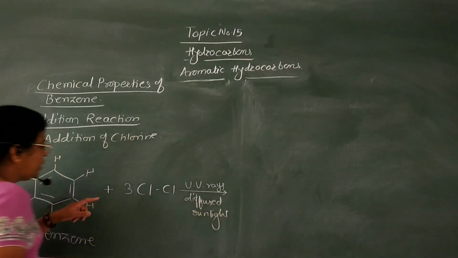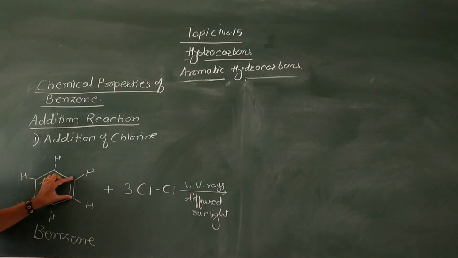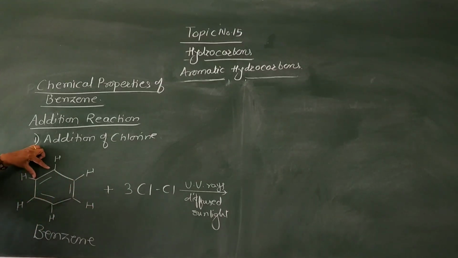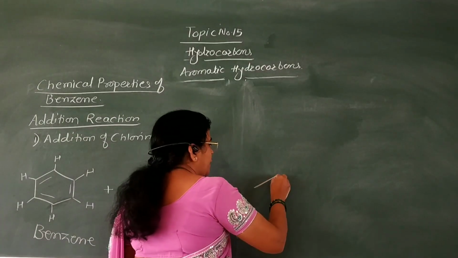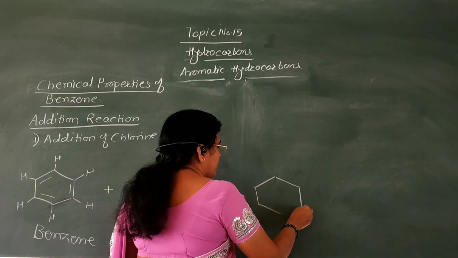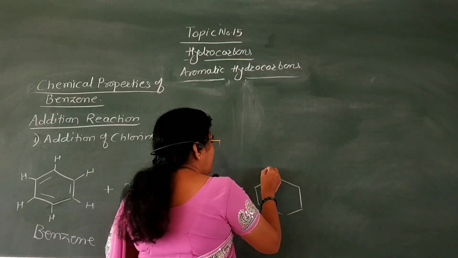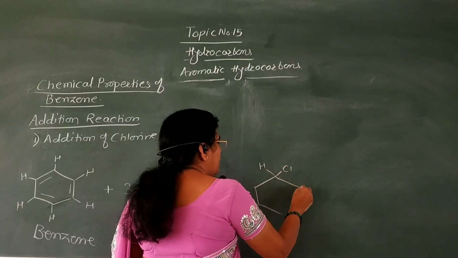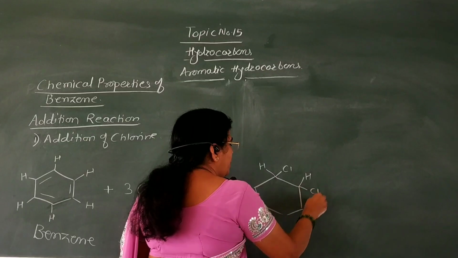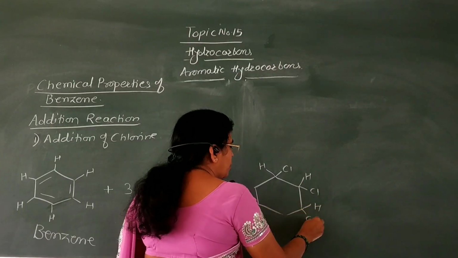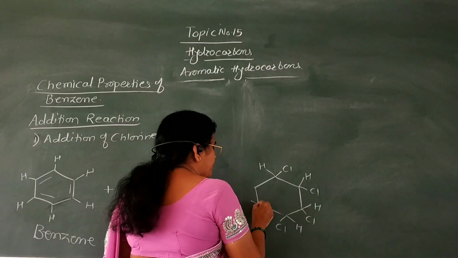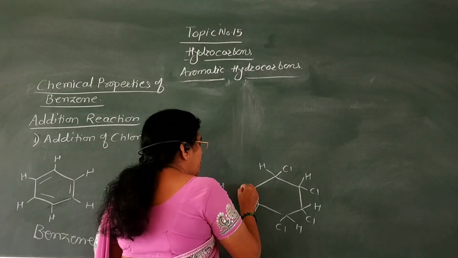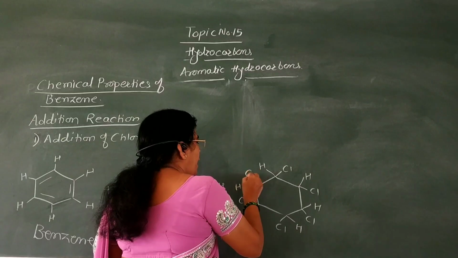Then addition of these 3 chlorine molecules takes place across the double bond of benzene to form benzene hexachloride like this. Now here hydrogen, here chlorine, then hydrogen, chlorine, hydrogen, chlorine, hydrogen, chlorine, hydrogen and chlorine.